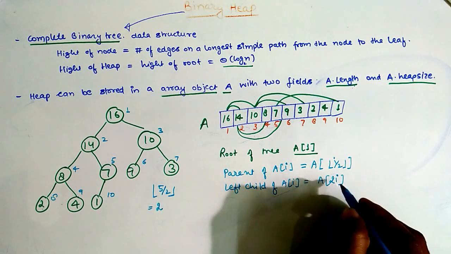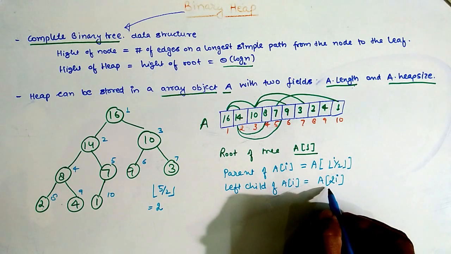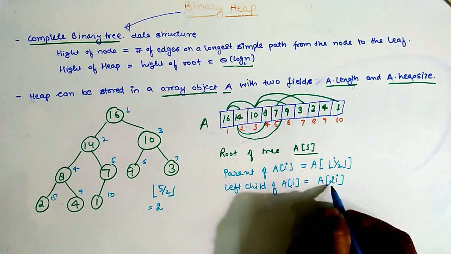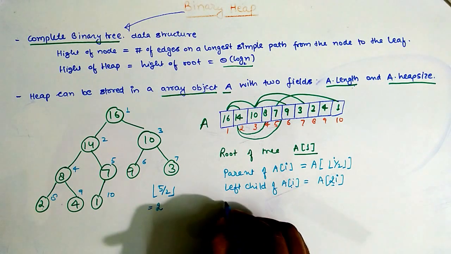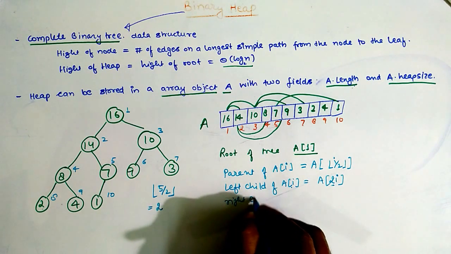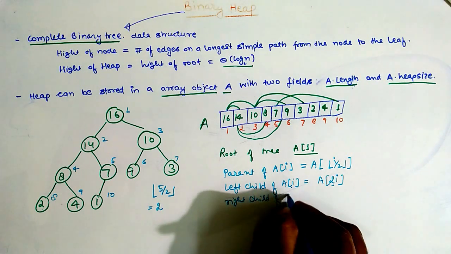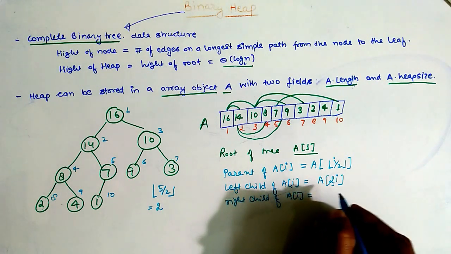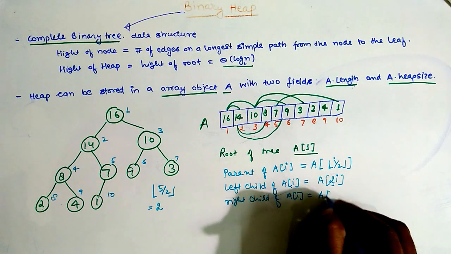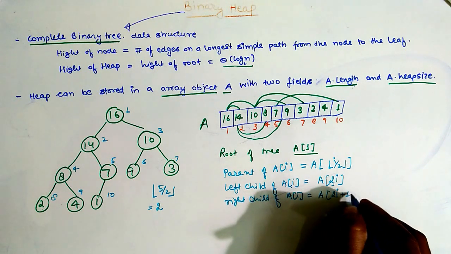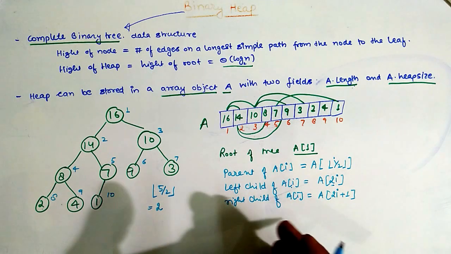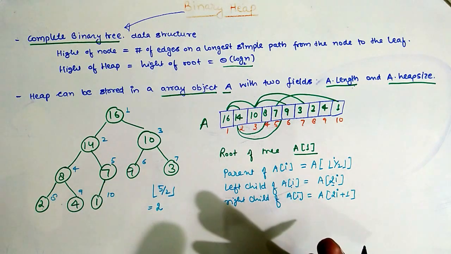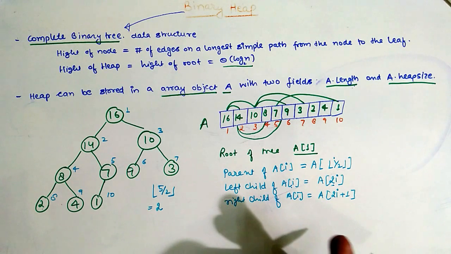So the left child of any element is stored at index 2 into i. Similarly, if you want to find the right child of element i, it will be stored at A of 2i plus 1 location in the array. This representation makes the computing fast, because with the binary representation we make the computing fast.